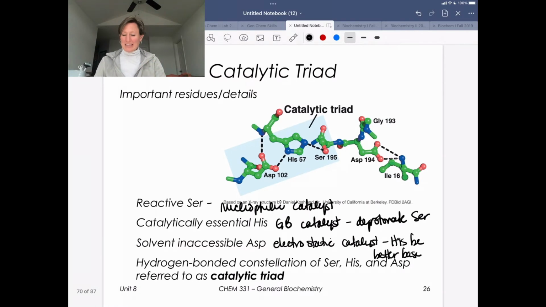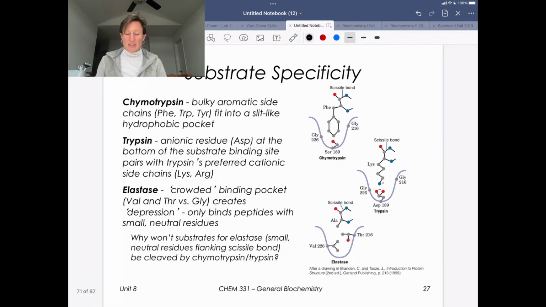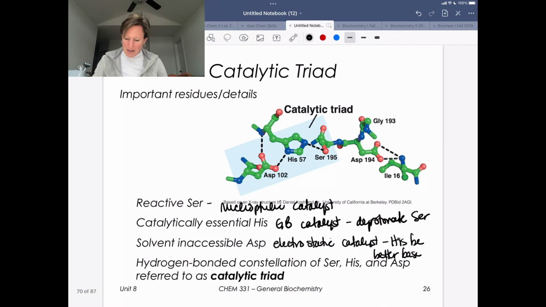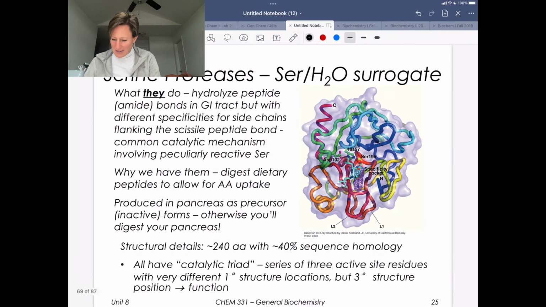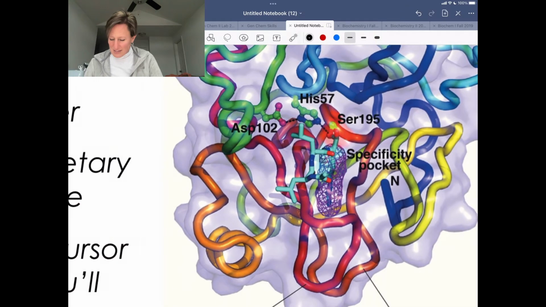Okay, so let's talk just briefly about substrate specificity. So I'm going to flip back to this picture just for a second to remind you, since I went to talk about the catalytic triad here. So let me zoom in here. When we look at what's happening here, I want you to see this.